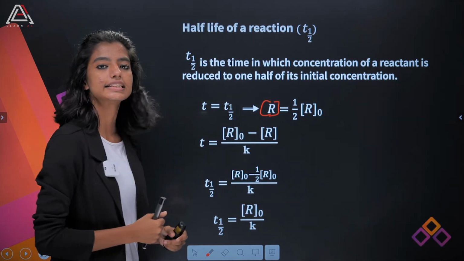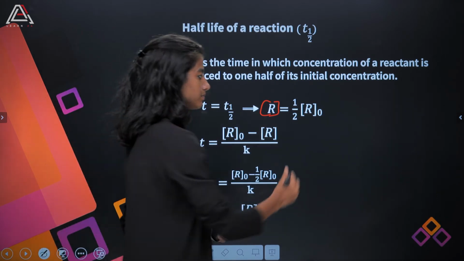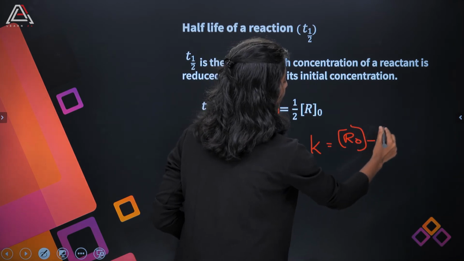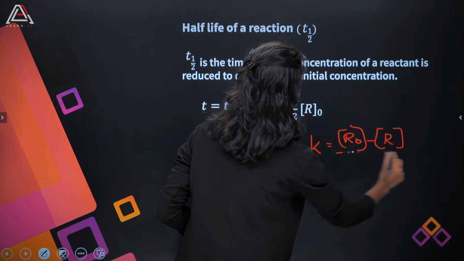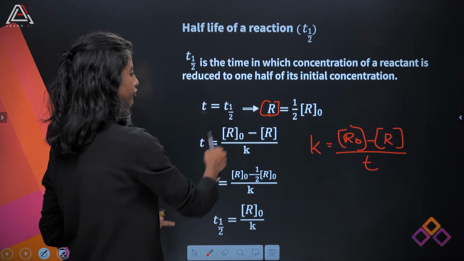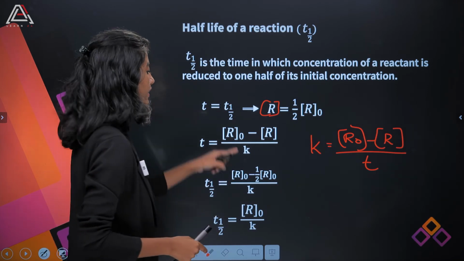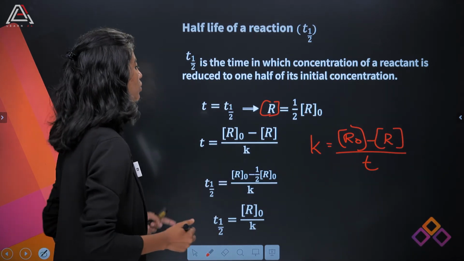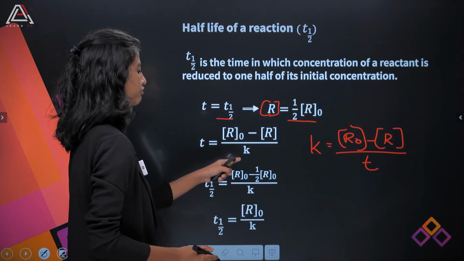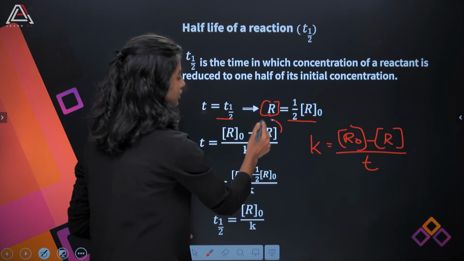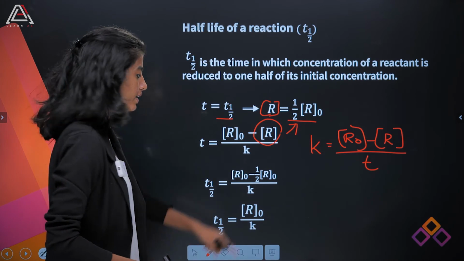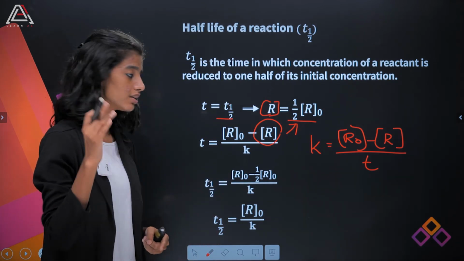When t is equal to t-half, concentration of R becomes 1/2 concentration of R naught. Do you remember the integrated rate equation for the zero order reaction? That was K is equal to concentration of R naught minus concentration of R divided by t. And also we can write it as t is equal to concentration of R naught minus concentration of R divided by K. Now placing these values over here, t-half is equal to concentration of R naught minus 1/2 concentration of R naught divided by K, where K is the rate constant.